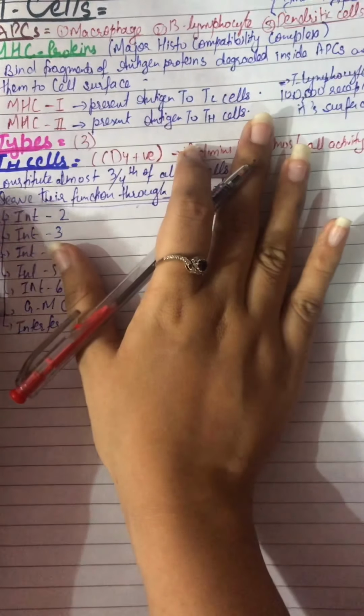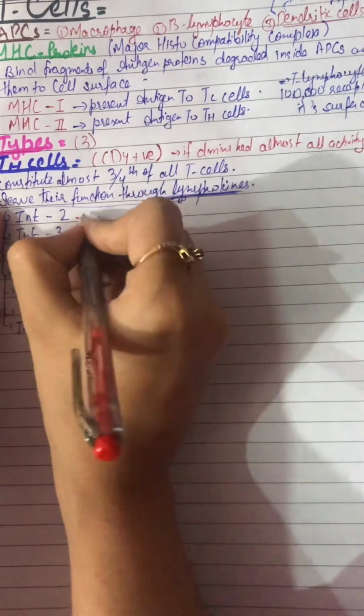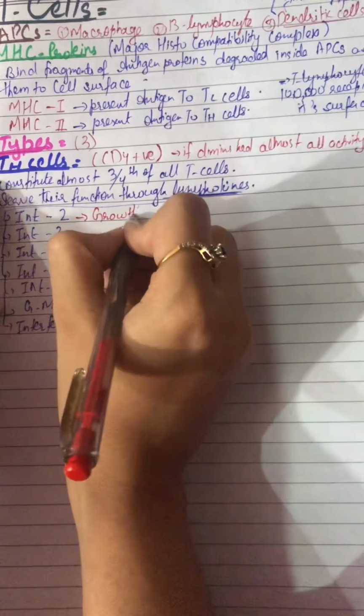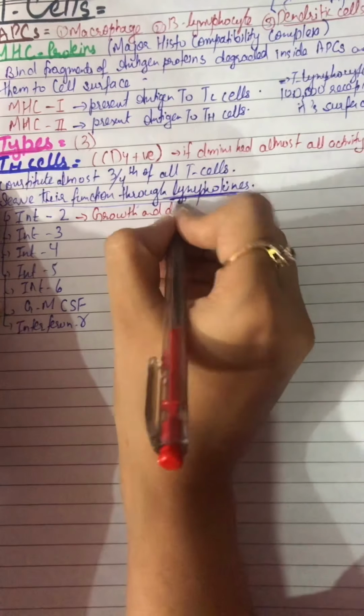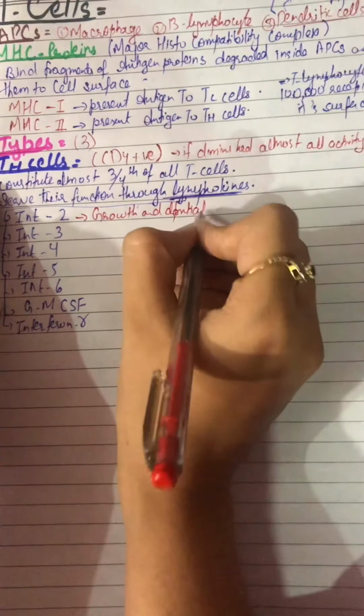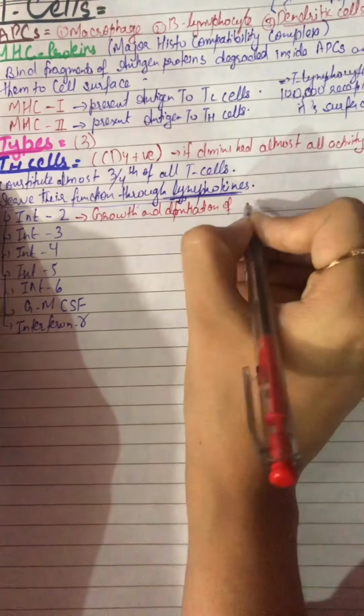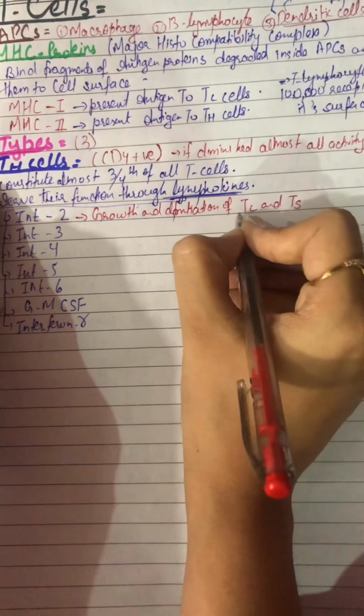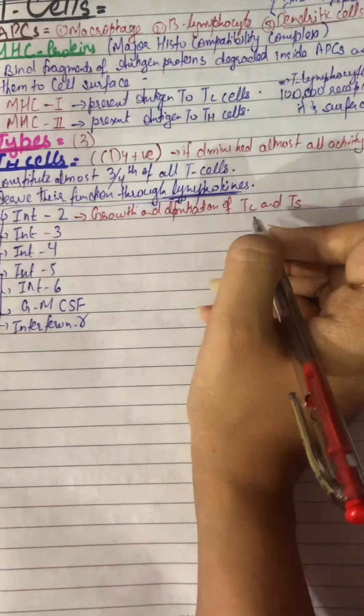Right? So the interleukin 2 has the function of the growth and the differentiation of TC and TS cells, cytotoxic T cells and the suppressor T cells.